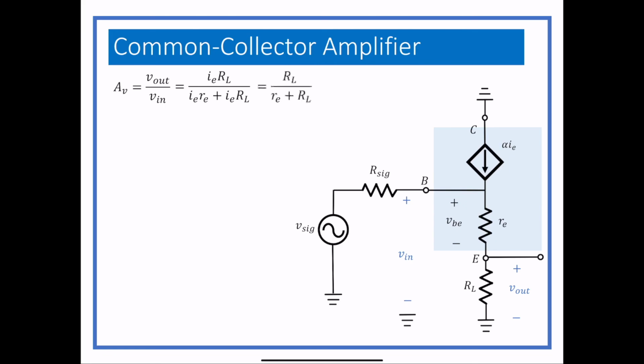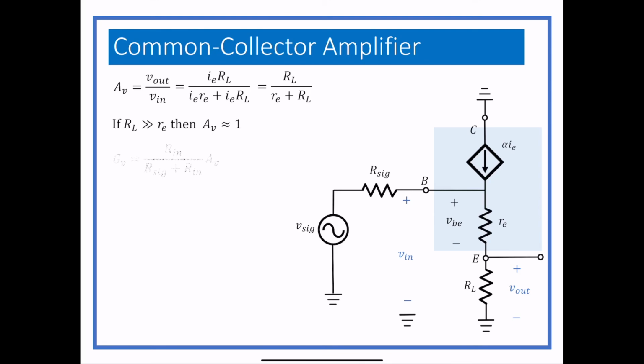Sorry, I taught this for 20 years when we always used RE, and now we're using RL, so it's easy to confuse me. Anyway, if RL is much bigger than RE, which it frequently is, the gain is going to be approximately 1. It will never, ever be bigger than 1, because RL is in the numerator and the denominator.